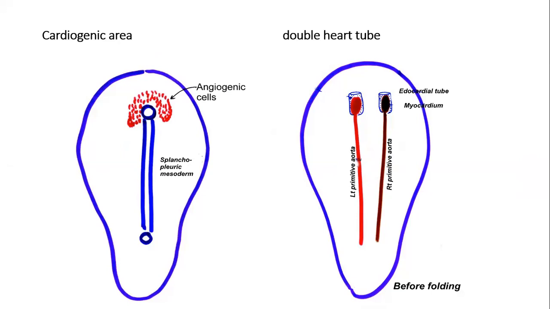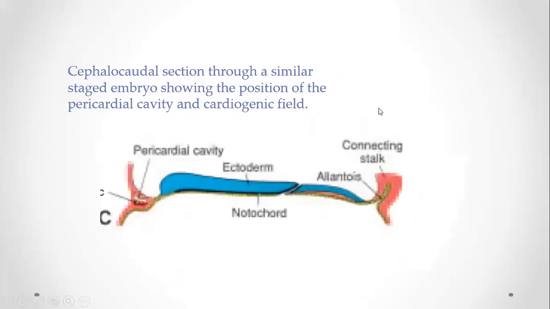There are stages where these two aortas persist. Actually one will disappear. We'll see what will happen to these two aortas, how they become one. And there are two endocardial tubes, which will also join together to form one.